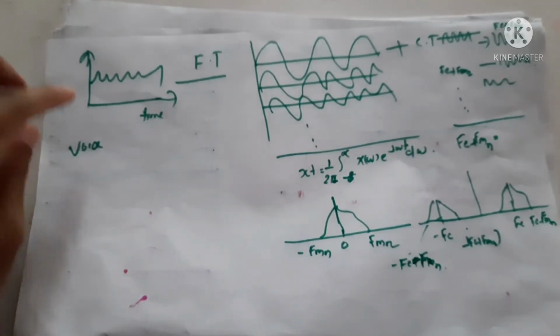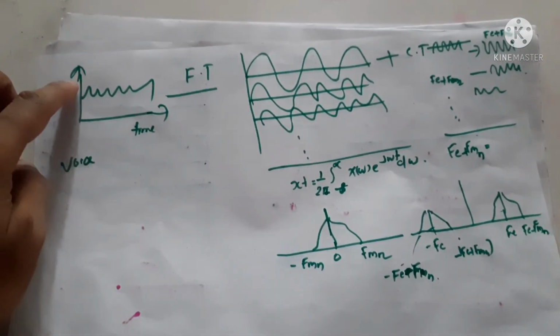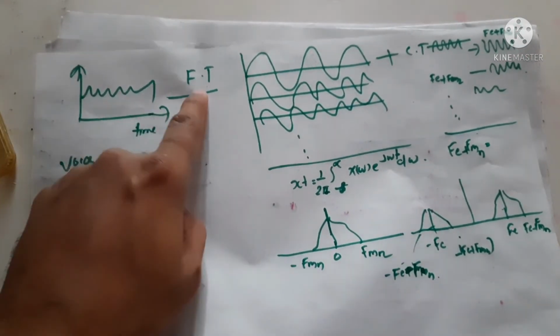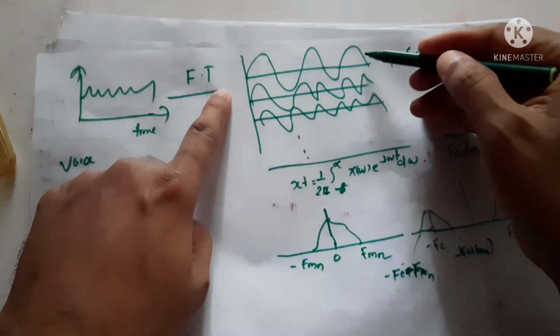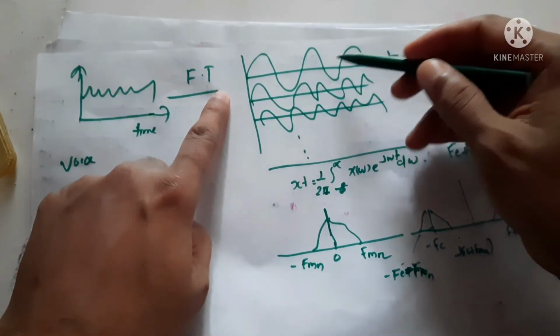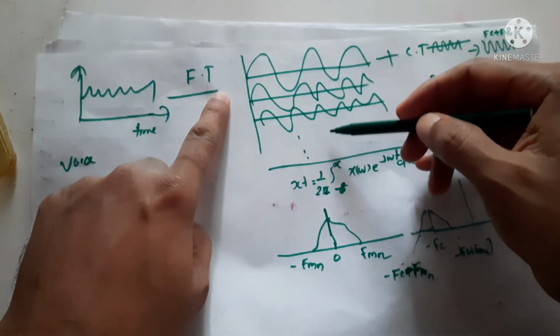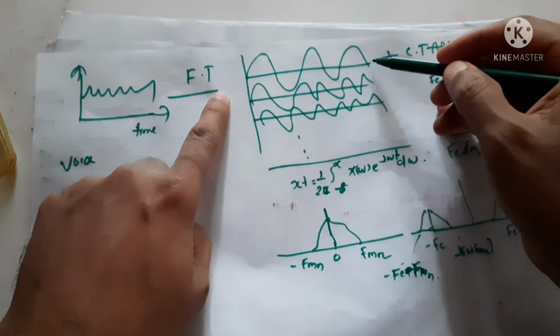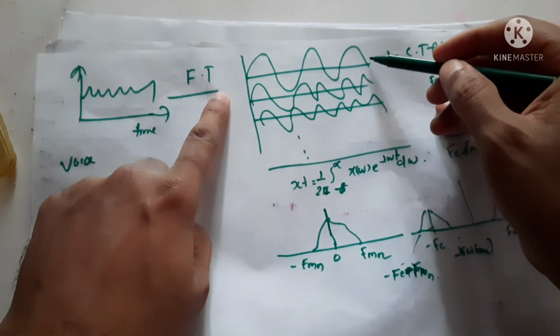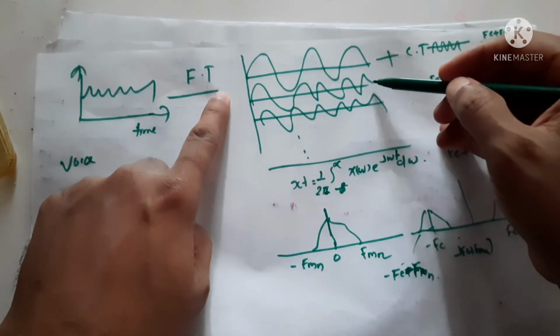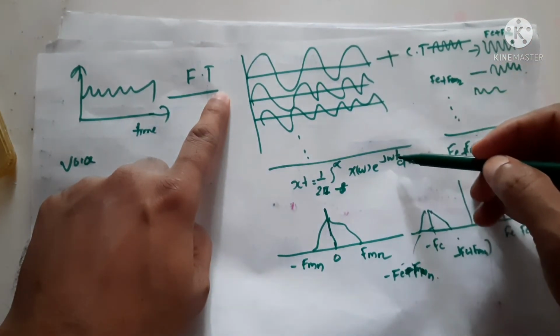So we can say in short that this is the carrier frequency and its Fourier transform. That means the frequencies contained are like this: lowest frequency, highest frequency, and so on. If we say this is FM1, frequency number 1, number 2, number 3, like that, the number of frequencies.